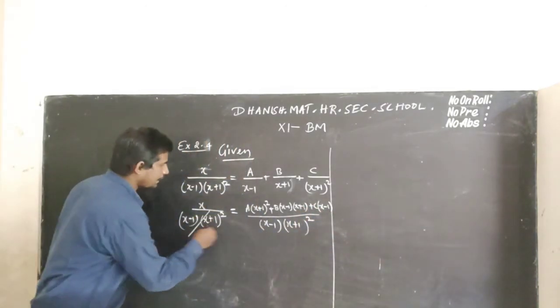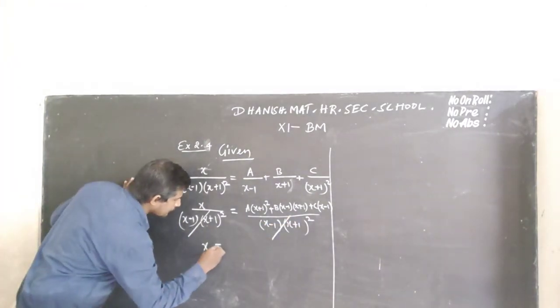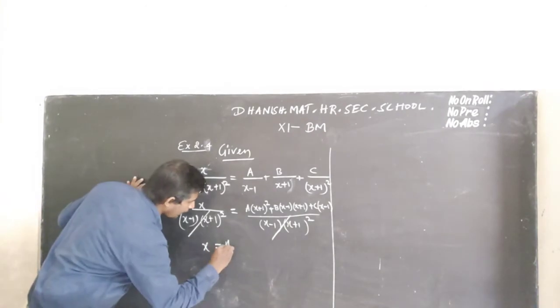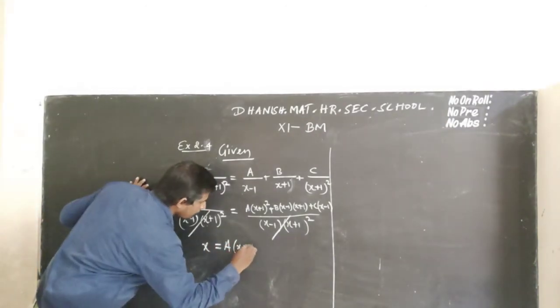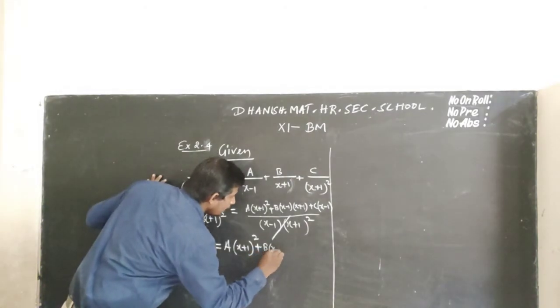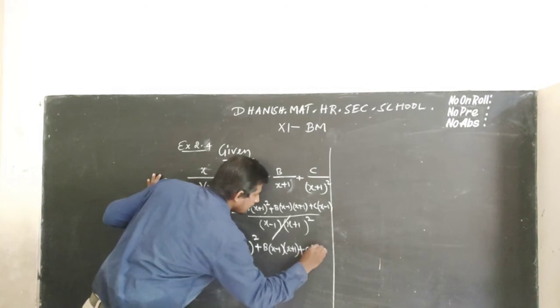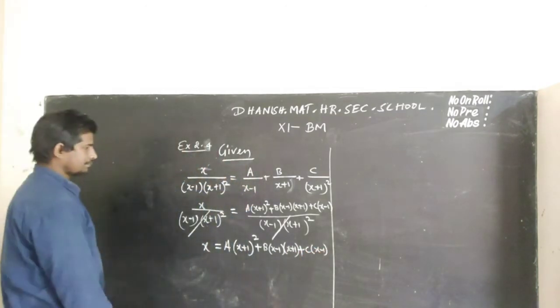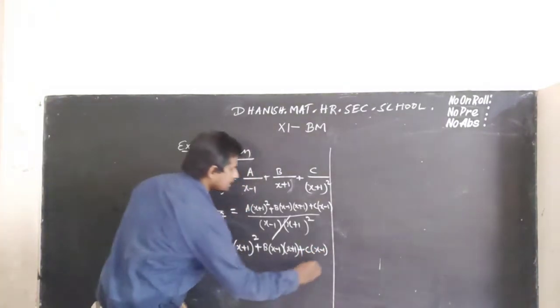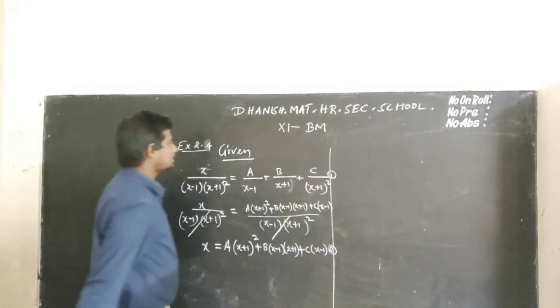Now these two denominators will get cancelled. What's the remaining? x equal to A into x plus 1 whole square plus B into x minus 1 into x plus 1 plus C into x minus 1. Here we can consider this as equation number 2, and this as equation number 1.